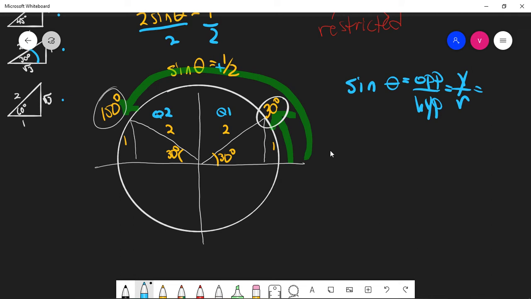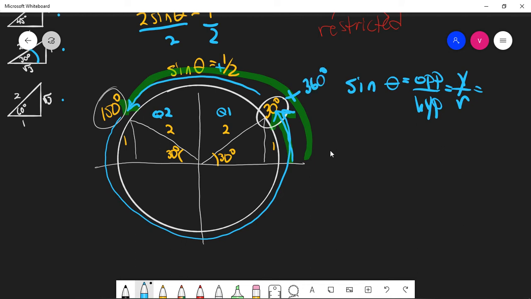So you go around to here. The sine of this angle 30 is equal to 1/2. Keep going around. Yes, at 150. Guess what? It keeps sweeping around. Now it hits this again. What is that? 30 degrees plus another rotation, plus 360.